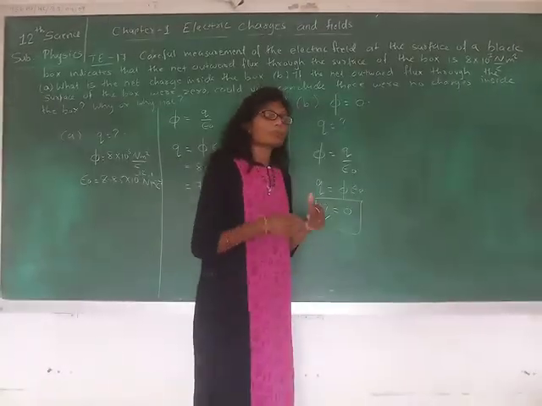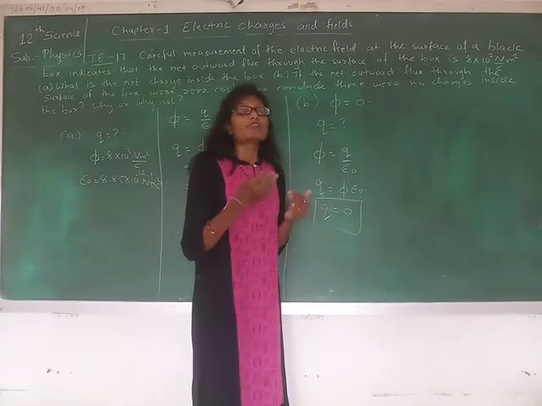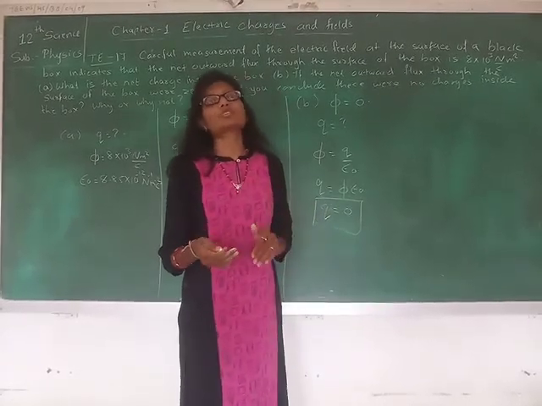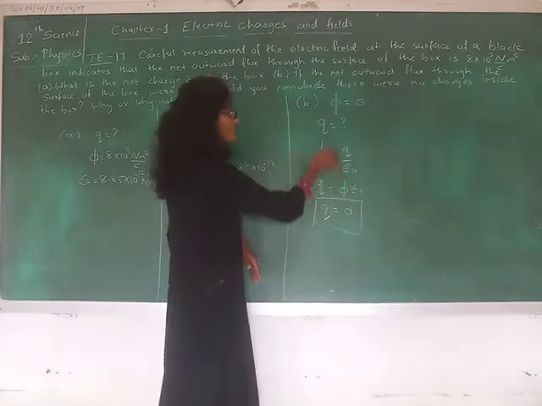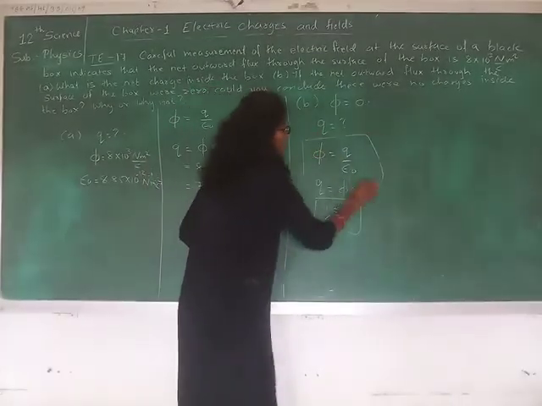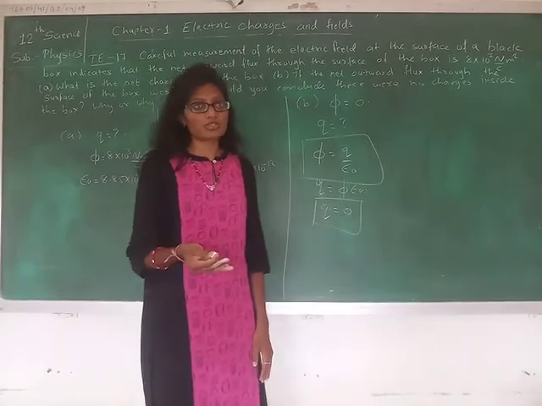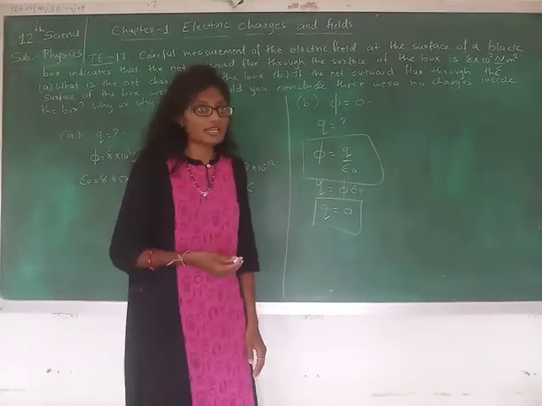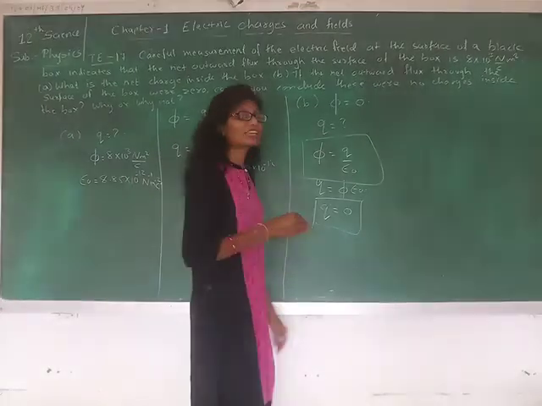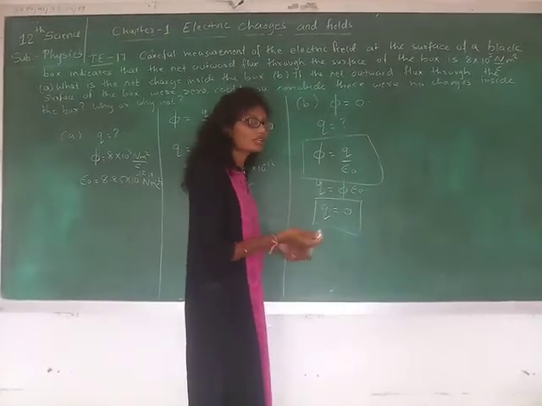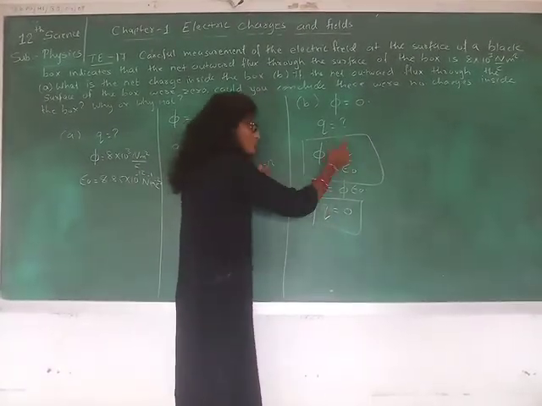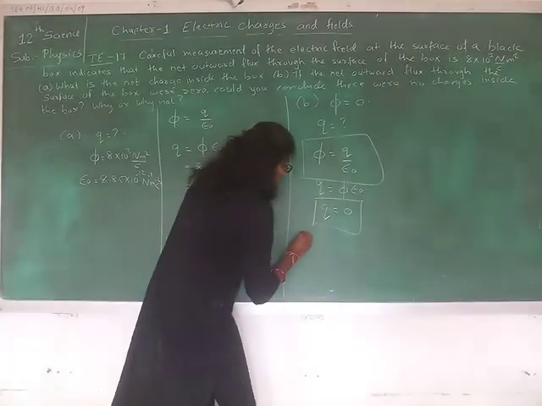The charge may be 0 or we may have an equal number of positive and negative charges, because we know in Gauss law Q stands for the net charge inside the box, that is the total charge inside the box. If we have an equal number of positive and negative charges, then also the net charge will be 0.